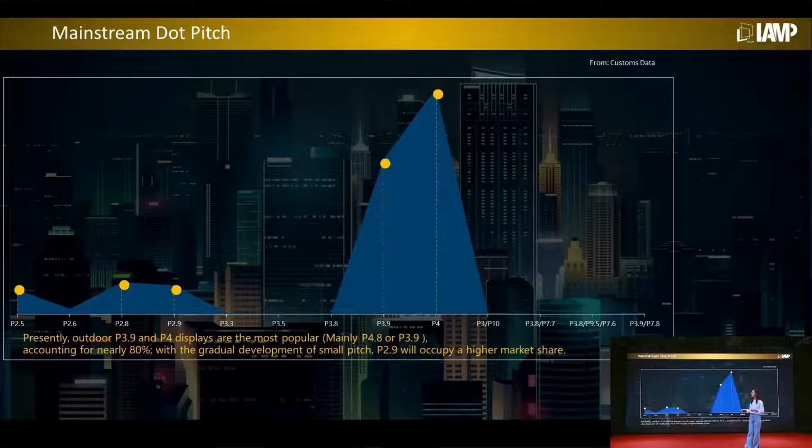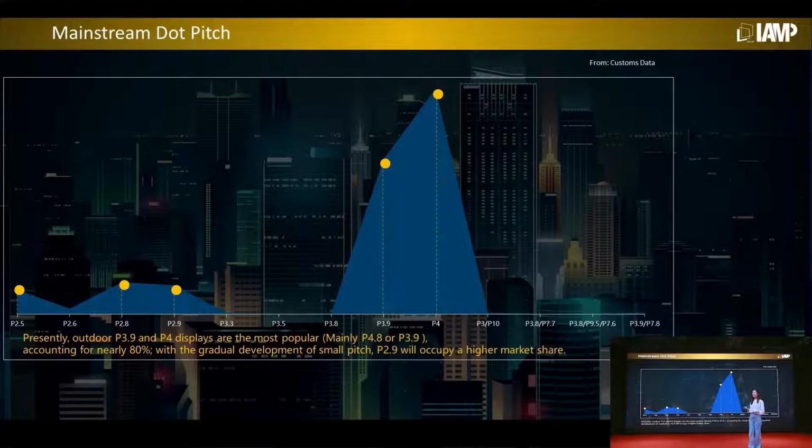And look at this chart, it shows the trend of the mainstream pitches. As you can see, nowadays 3.9 and 4.8 are still the mainstream pitches in our market, accounting for 18%. With gradual development of the outdoor LED display market, we predict 2.6 and 2.9 will occupy a higher market share in the near future.